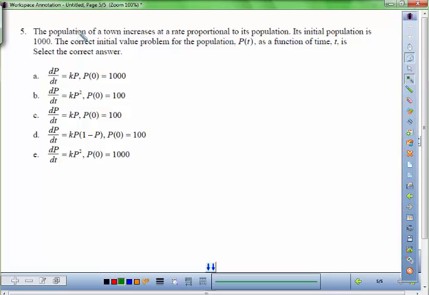If you were to have this on your test, just read through it and translate word for word. The population of a town increases at a rate. This would be dP/dt.